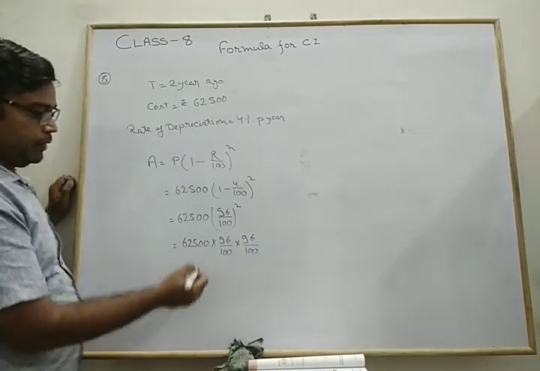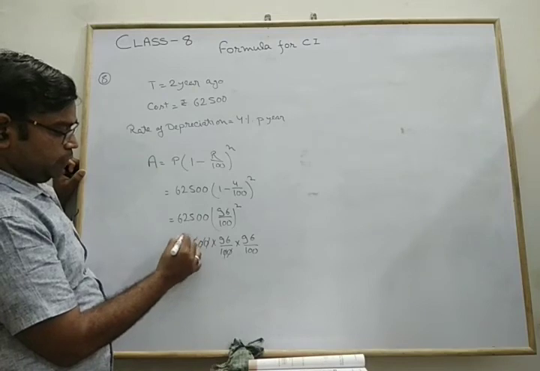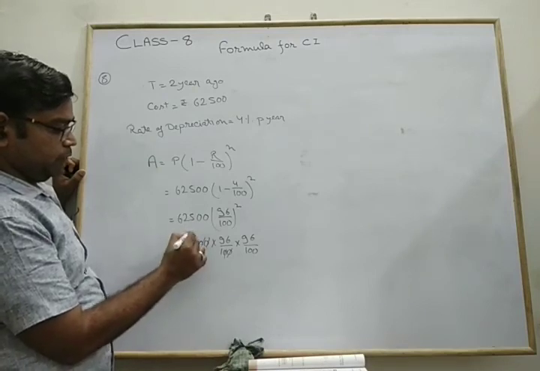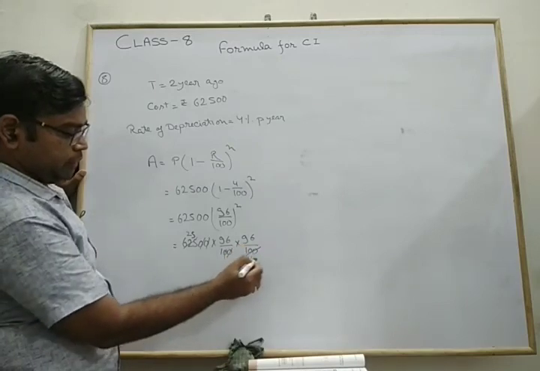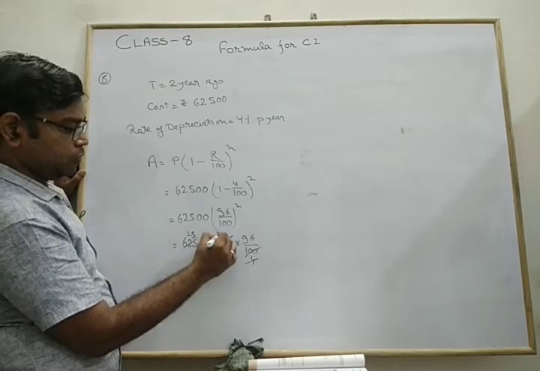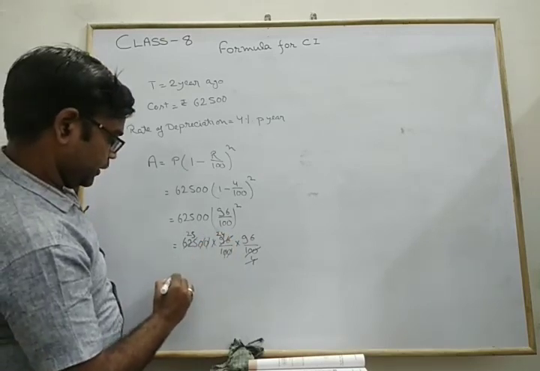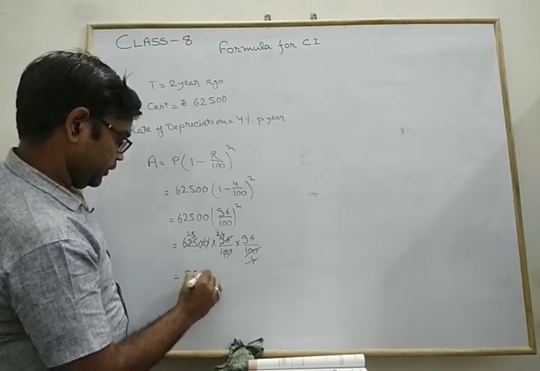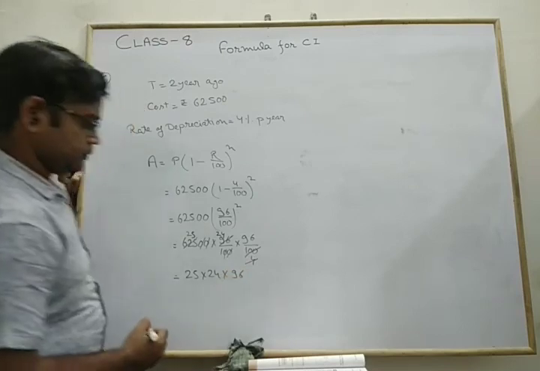Solving by cancelling: 25 2s are 50, 25 5s are 625, 25 4s are 100, then 4 2s are 8, 4 4s are 16. So we have 25 into 24 into 96.